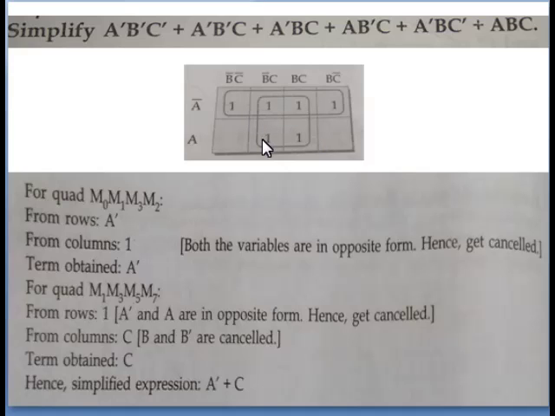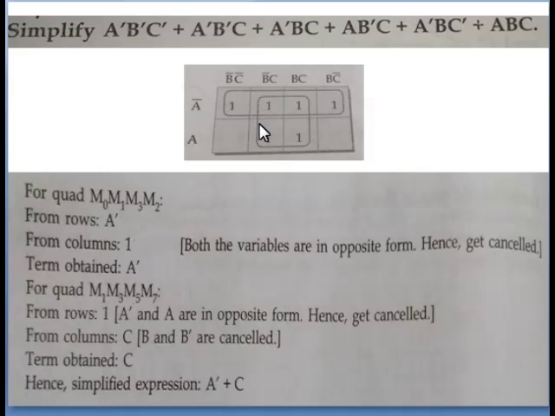So there is no chance to group 8 ones together. The next priority is the quad. Quad means a group of 4 ones. So first we group like this, 1, 2, 3, 4. So this is a group.